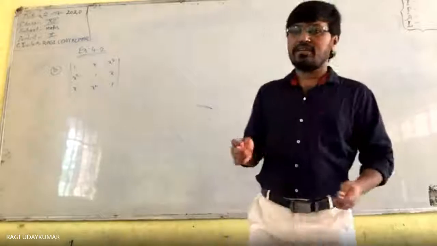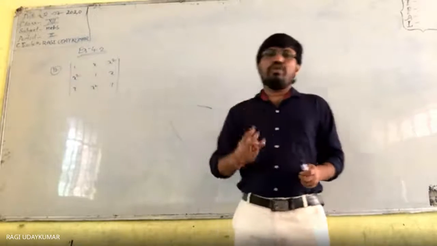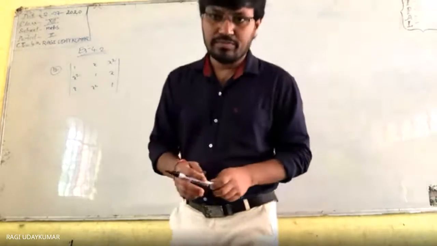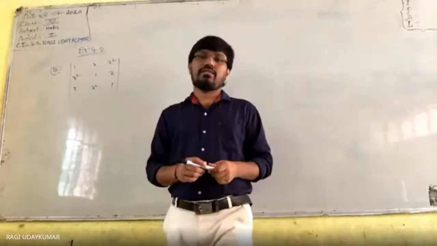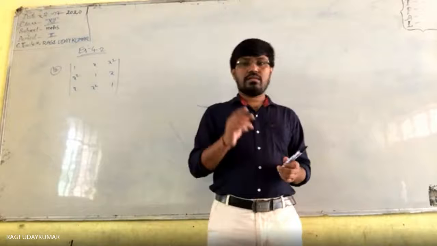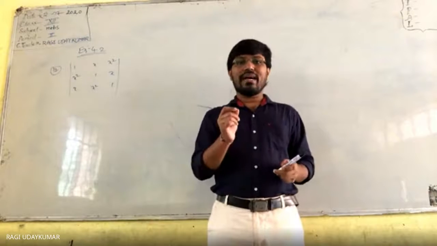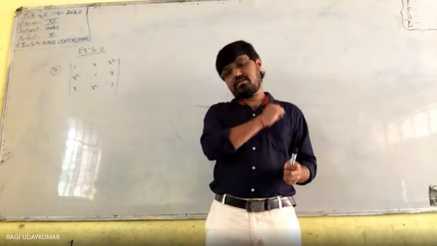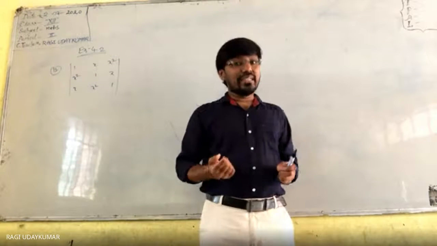If you see that, there are three things you need to observe while finding the determinant of the matrix using the properties. One is making any row or any column as 1, 1, 1. And how do we make that?